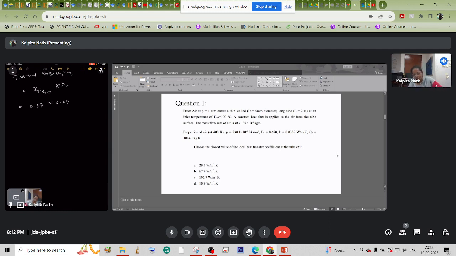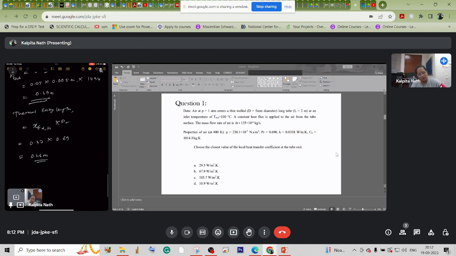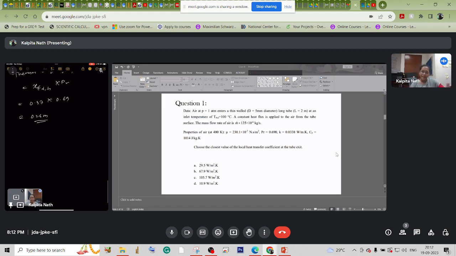So this will come out to be 0.26 meter. Both of them are far less as compared to the length, that is 2 meters. So at the exit, the boundary layer is fully developed, so the flow is fully developed and laminar. And here it said that the heat flux is constant.